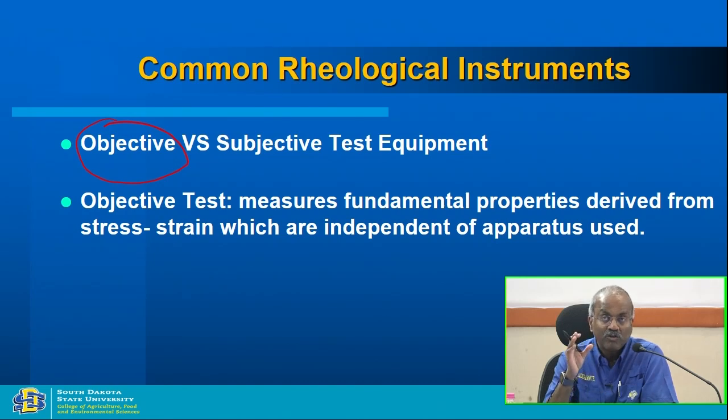Objective and subjective means, objective is you get quantitative information which can be reproduced using different instruments. For example, if you use the texture analyzer, a texture compression testing machine, you get force and deformation. If you use force deformation data only, or force with respect to time, that will be subjective.